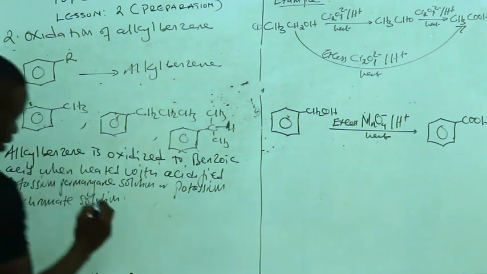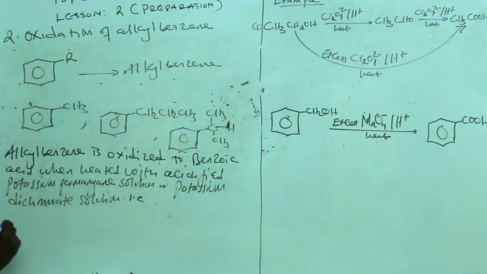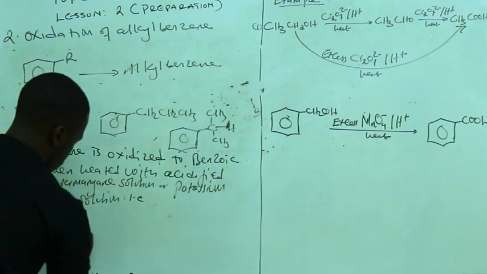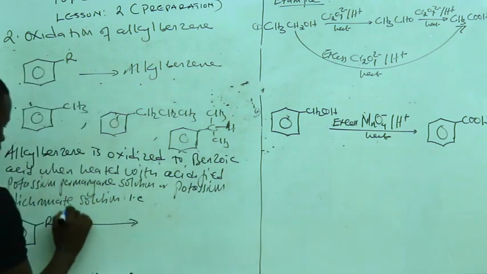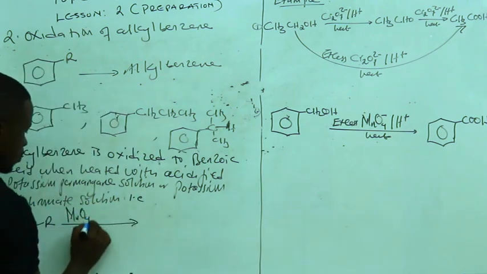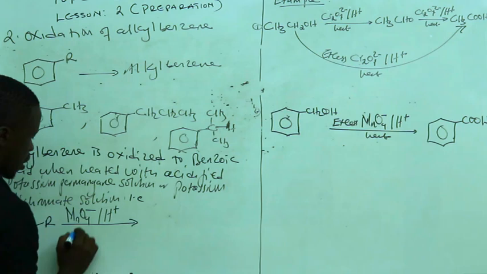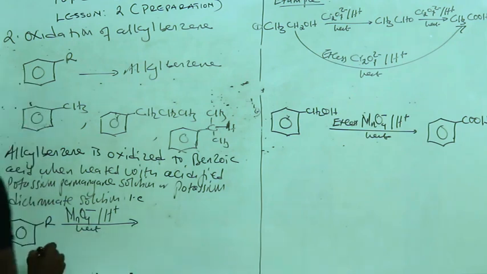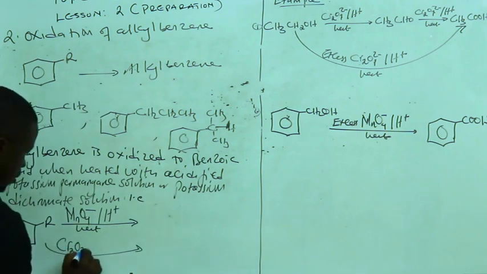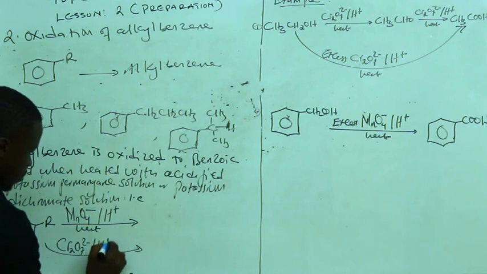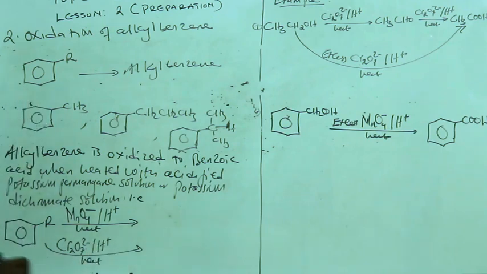In other words, we are saying that if I had alkyl benzene and we treat this with acidified potassium permanganate, heat, or it could be acidified potassium dichromate, and we heat.